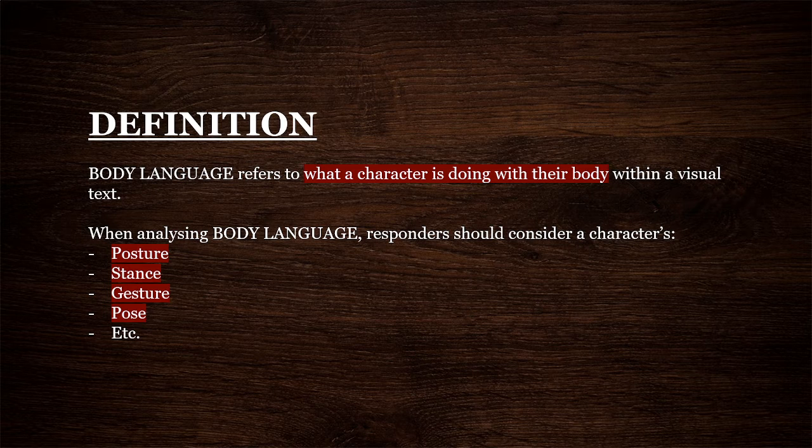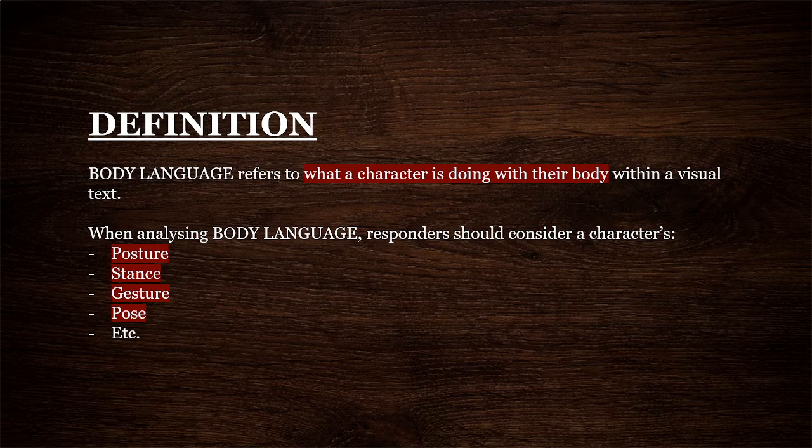So essentially, if you get a visual image that contains a person in it, then you'll most likely be able to say something about their body language. That's another way of looking at it.